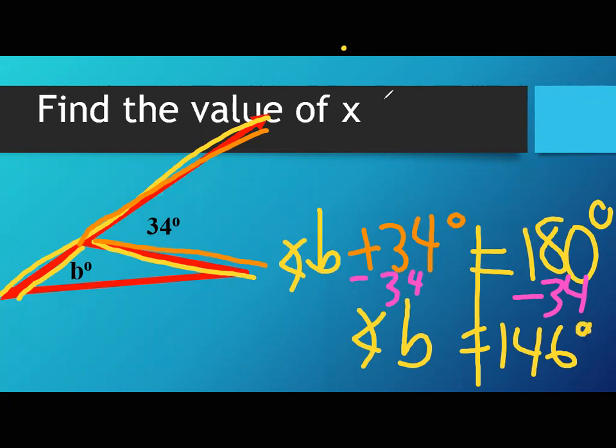So don't get intimidated by the figure, like, oh my God, there's a line, there's a triangle. Remember that the first thing is to look for the symbols. If we have an inverted L, that means we have a right angle. If we have lines everywhere, that means we're dealing with supplementary angles, okay?